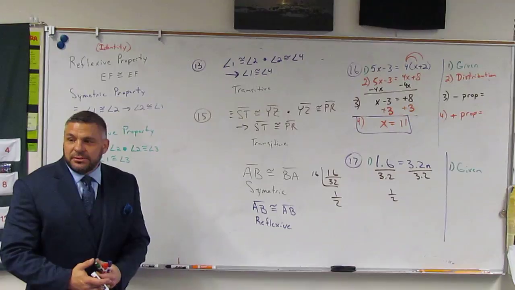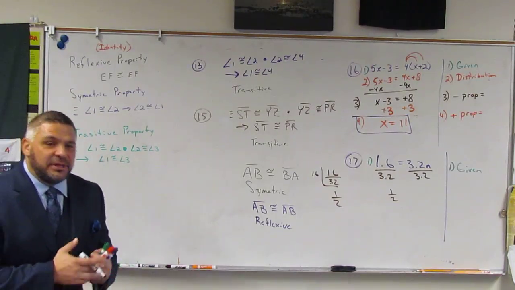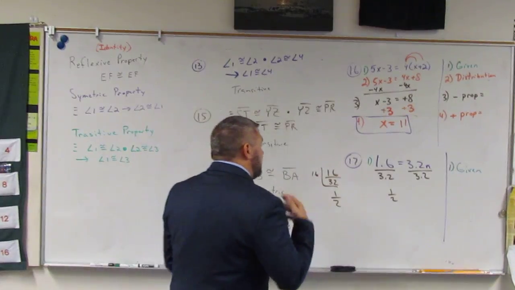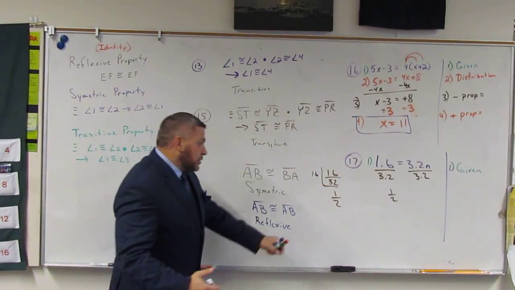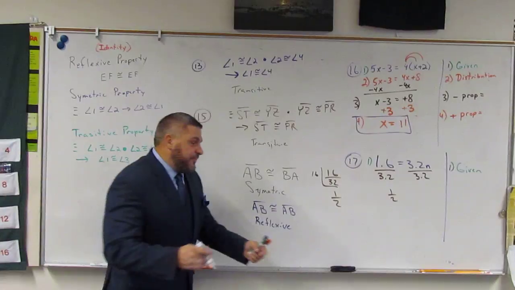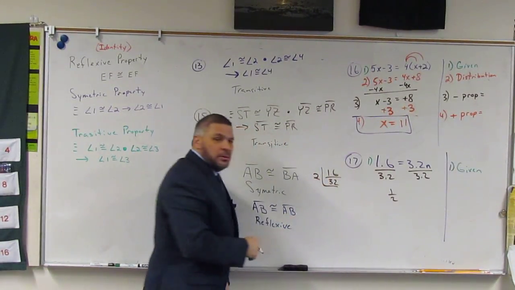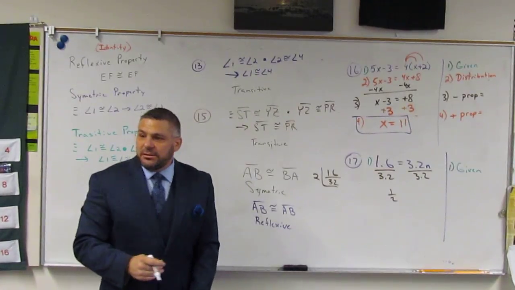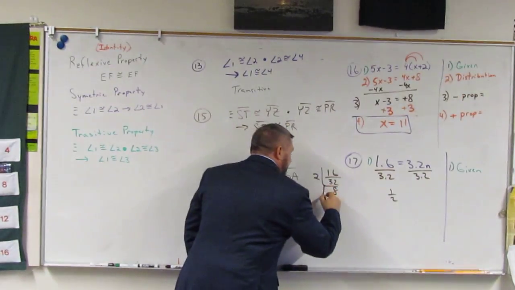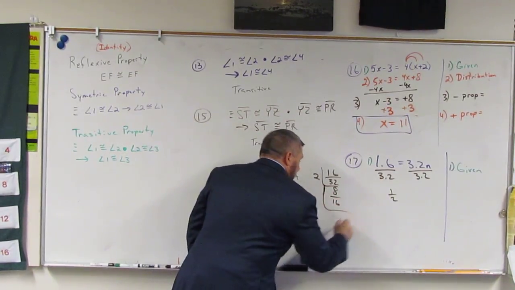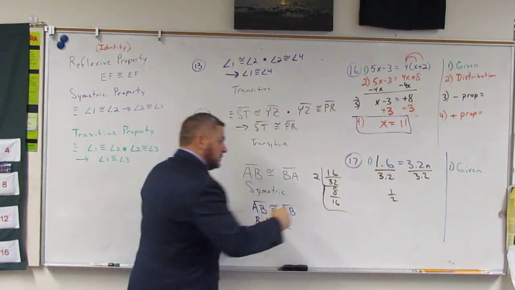You don't. Half the time they give you these numbers, they might look like decimals. They might look difficult, but they're not difficult. Use your upside down division. If you don't see the 16, use 2. How many times does 2 go into 16? How many times does 2 go into 32? How many times does 2 go into 8?